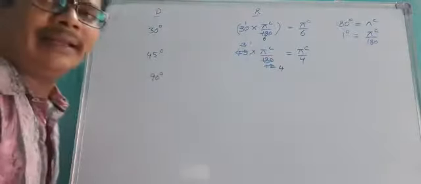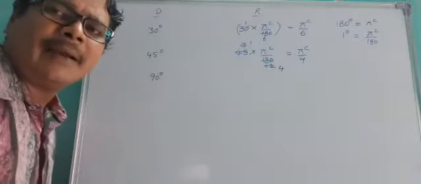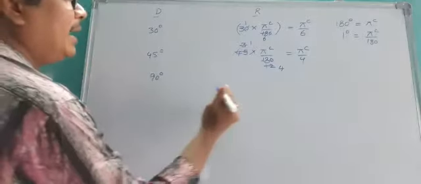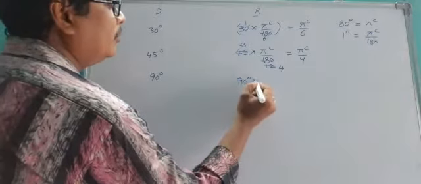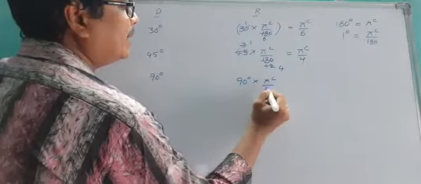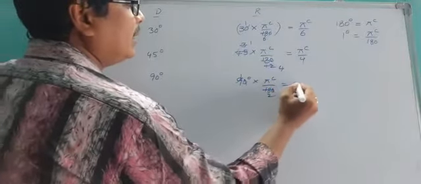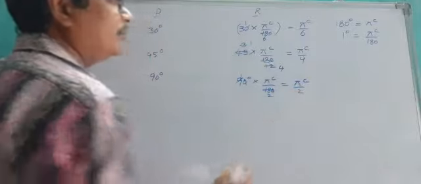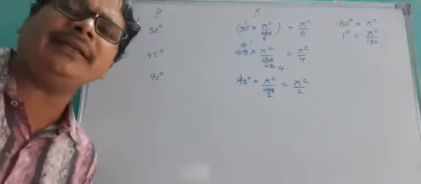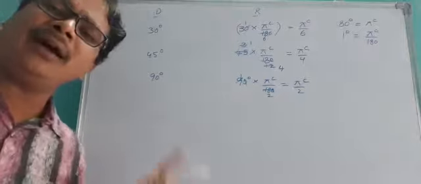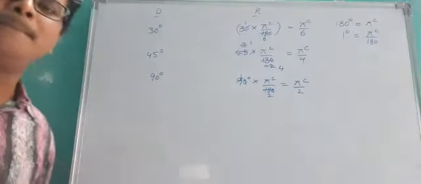So 45 degrees in terms of radians is pi radians by 4. And 90 degrees: 90 into pi radians by 180. The zeros cancel, 9 ones are 9, 9 twos are 18. That equals pi radians by 2. This is the conversion of degrees into radians.